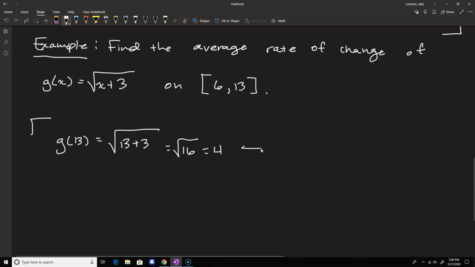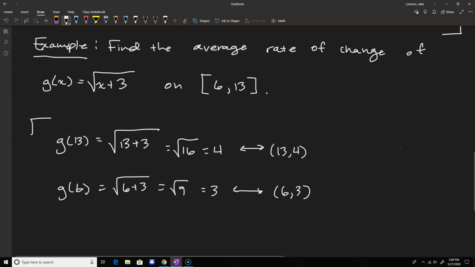So our ordered pair here is 13 comma 4, and then g of 6 is the square root of 6 plus 3, which is the square root of 9, which happens to be 3. So our ordered pair in this example is 6 comma 3. So our average rate of change is going to be 4 minus 3 over 13 minus 6. So this just comes out to 1/7.